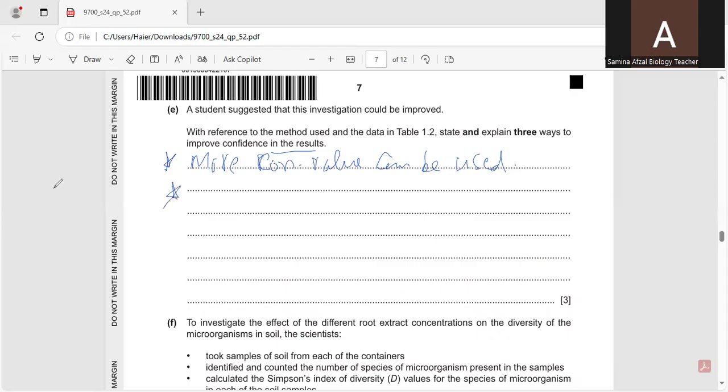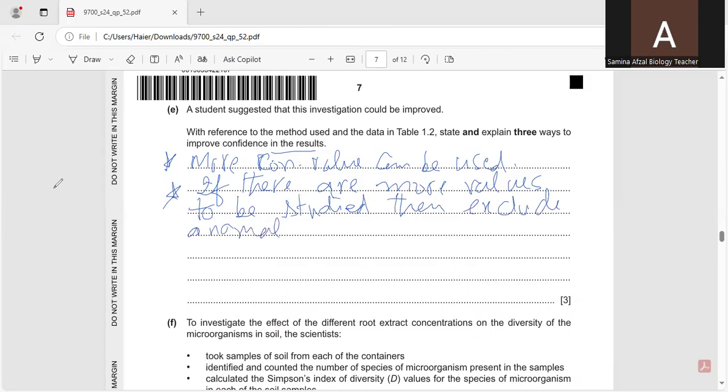If there are anomalous results, then exclude the anomalous results. So it will also help us to reach accurate results.